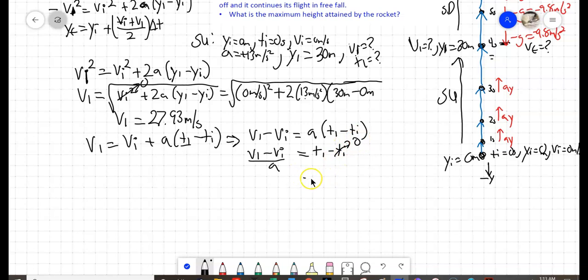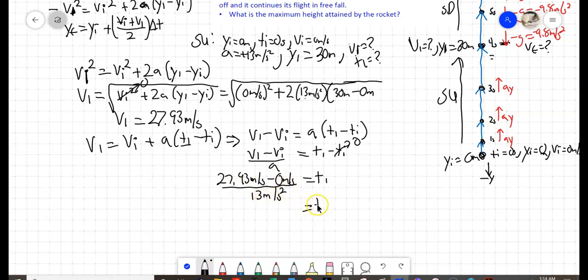So now v1 is 27.93 meters per second minus 0 meters per second, divided by 13 meters per second squared.